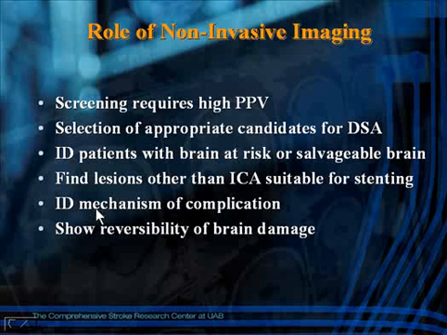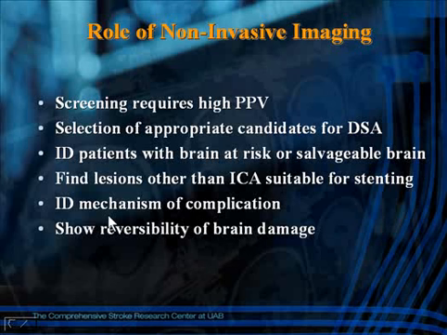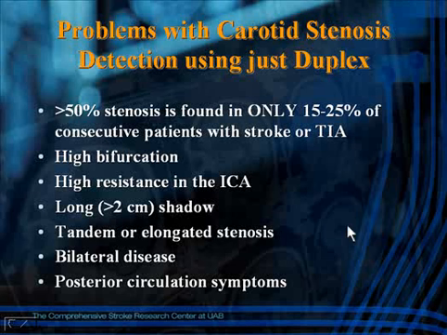Ultrasound can also help identify the mechanism of disease or complications. And you can also monitor using ultrasound in real time, and together with other modalities you can show reversibility of brain damage. Now the next slide identifies some of the problems with carotid stenosis detection by using just duplex ultrasound.